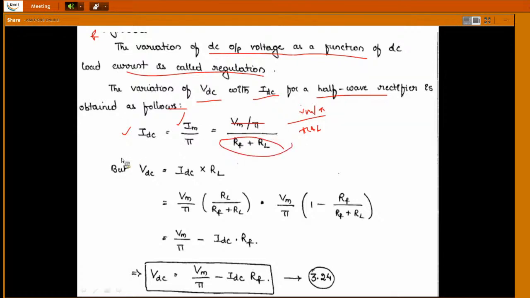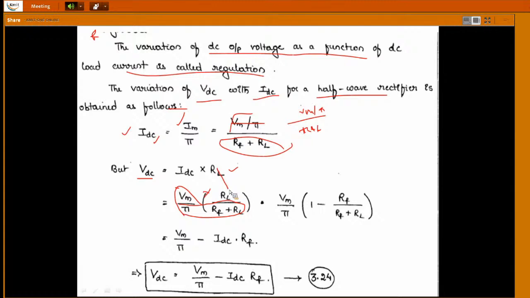But what is our VDC? I have not come to the final one yet. VDC is given by IDC into RL. Now, what is the IDC value? The IDC value is Vm by pi into Rf plus RL, and this is multiplied by RL.